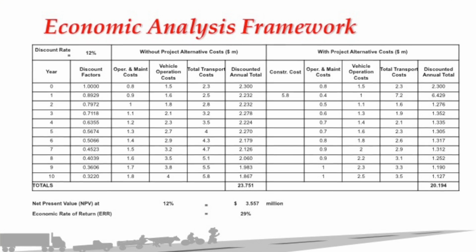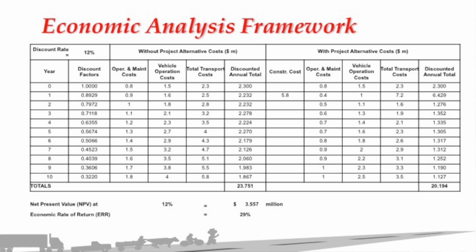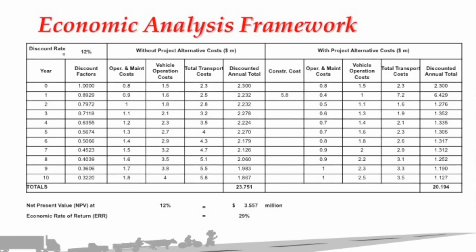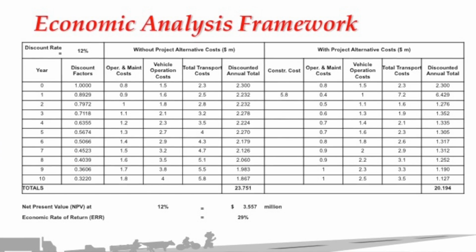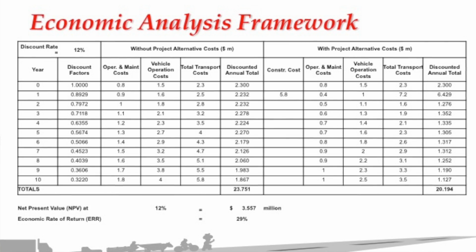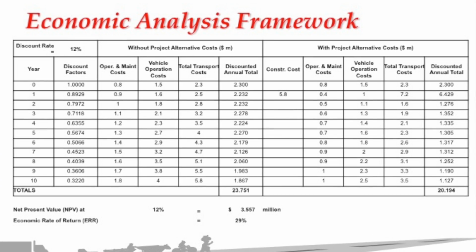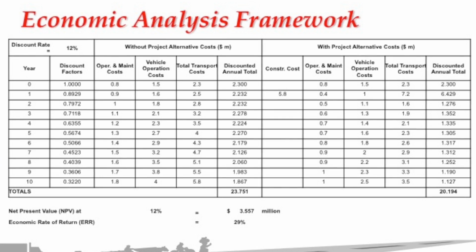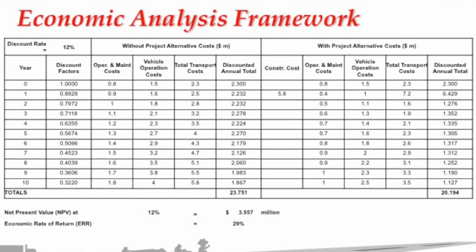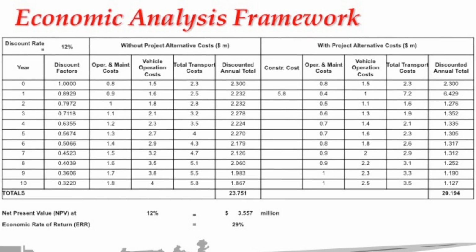Okay, so we've done the modeling framework. It is basically, as we said at the beginning, you compare the with project against without. You predict the traffic for both cases. You analyze alternatives, and then you compare the predicted costs. So basically, that's what we're going to be doing. We have a computer program, which is called HDM, that does all of this.